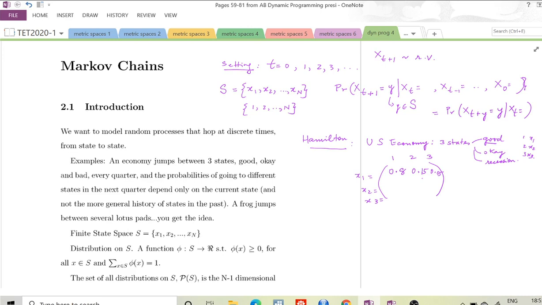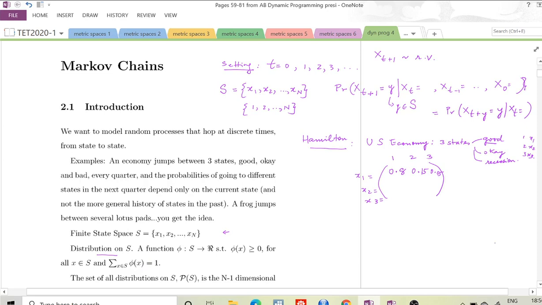Okay, so formally there is a finite state space with n states. We have this definition of a distribution on the state space. So a distribution on the state space is a function phi from the set of states to real numbers, such that for every state x, phi of x is a probability number. That is, phi of x is non-negative, and if I add up the phi of x's across all the states, I'll get that the sum is equal to 1, right?